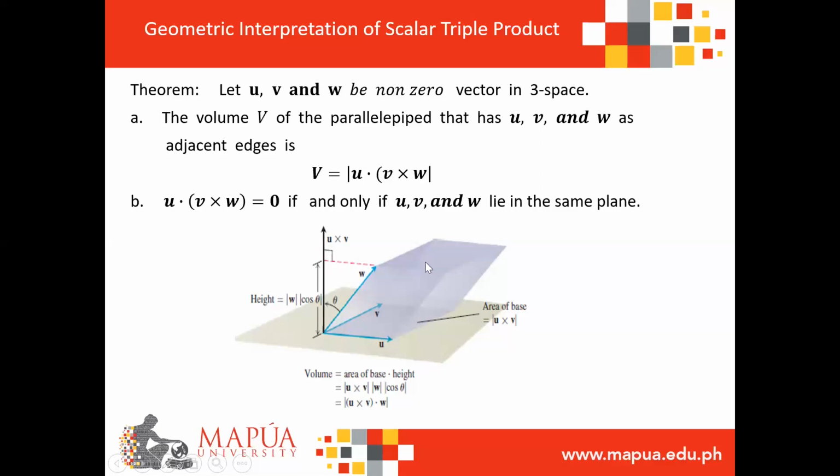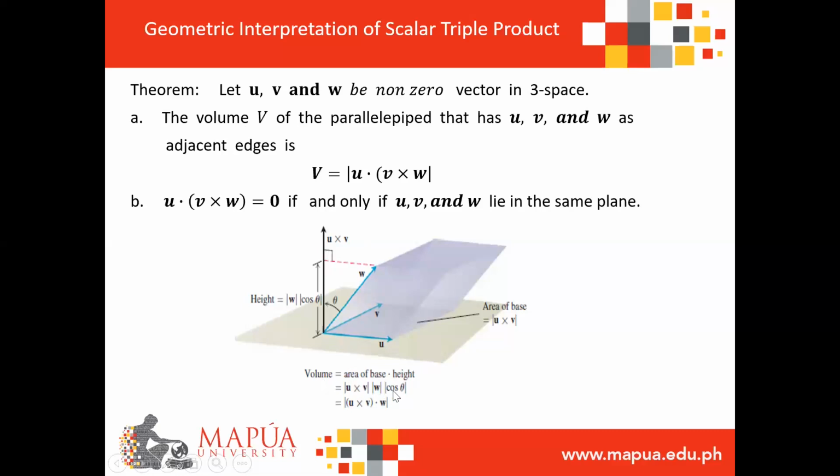So in this figure, we have the geometric interpretation of the scalar triple product, which is the volume of the parallelepiped. As we can see here, the formula of the volume of a parallelepiped is equal to area of base times height, and the area of the base can be defined by the magnitude of u cross v.